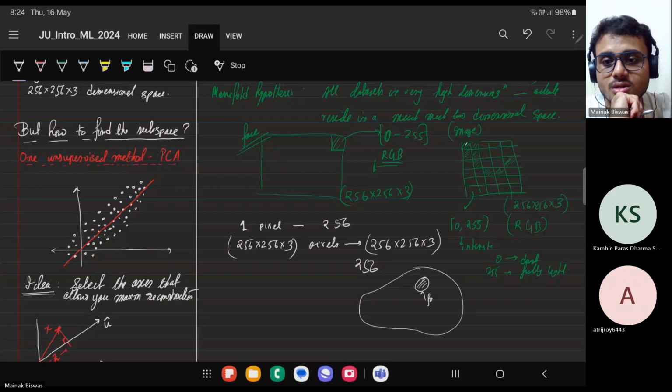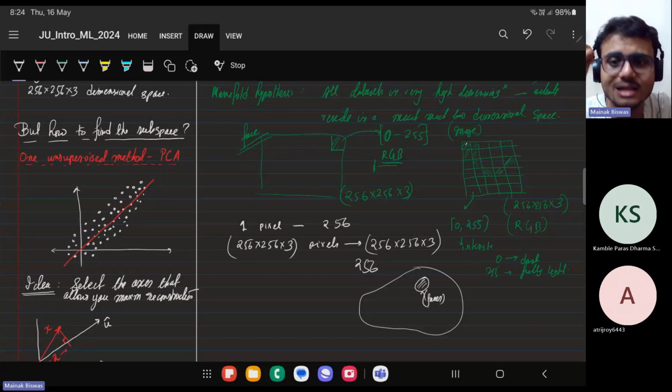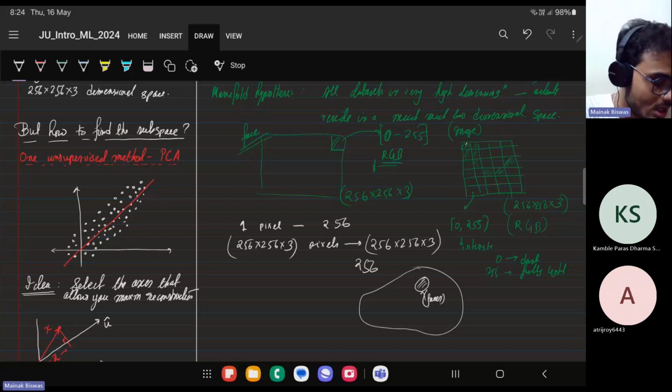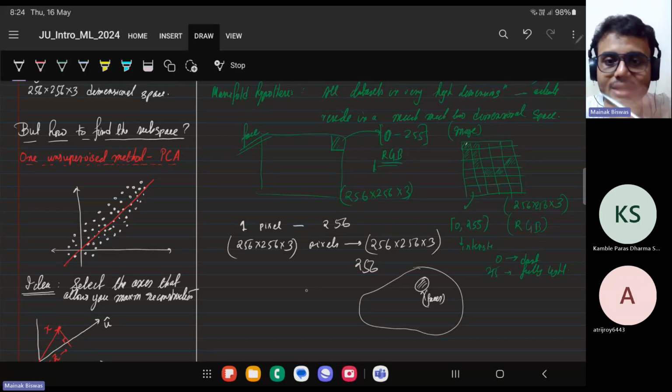It's a clear cut idea, because you have so many different types of images that you can make. Faces are a very small class of all the classes of images that you can make, and therefore you should not require so many dimensions. The probability of having a face in these images can be as small as finding a needle in a haystack.